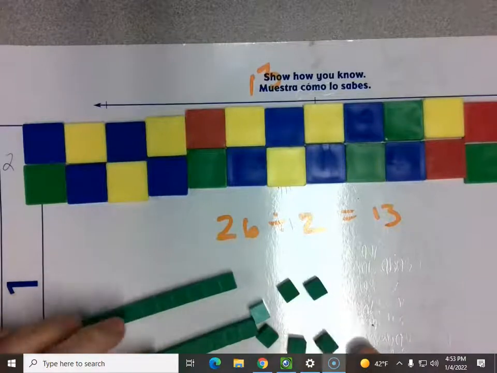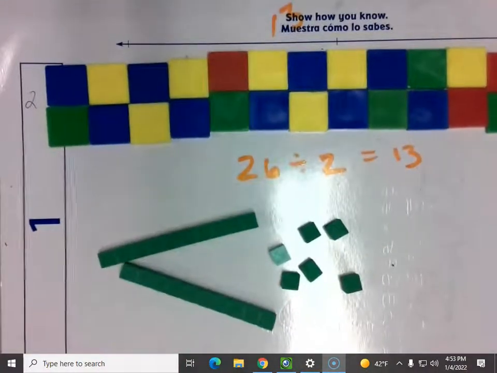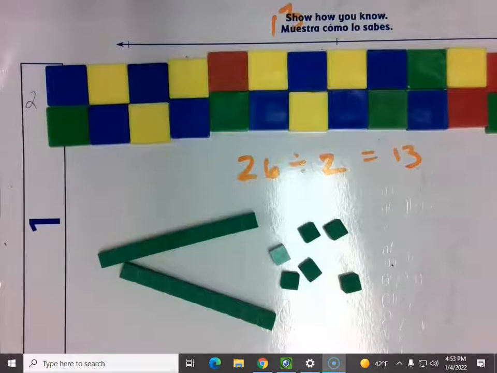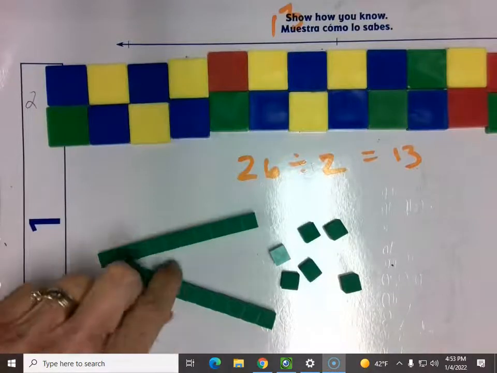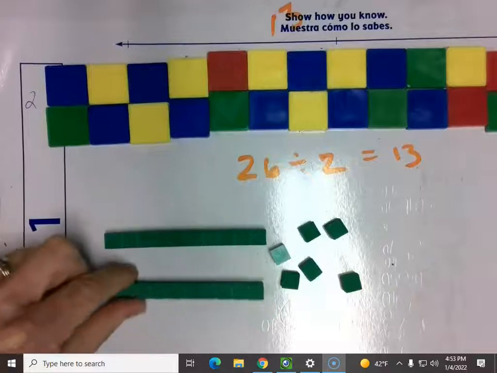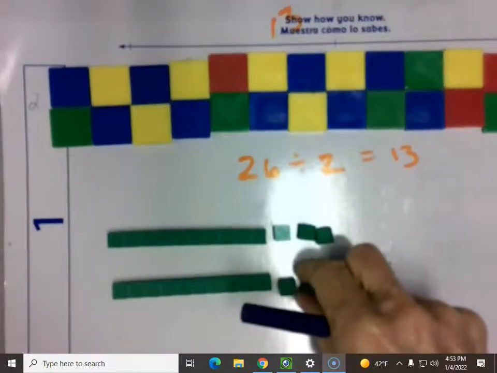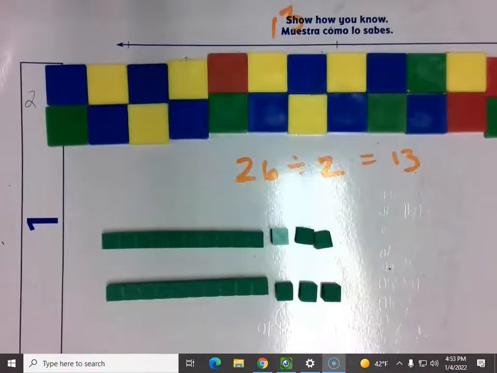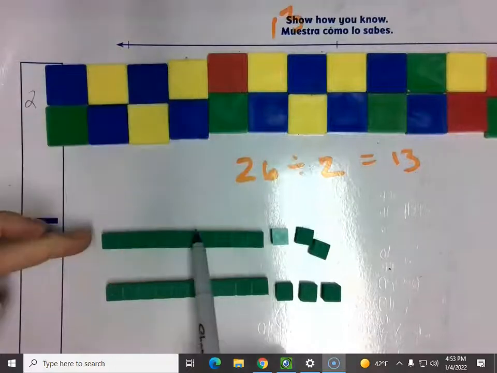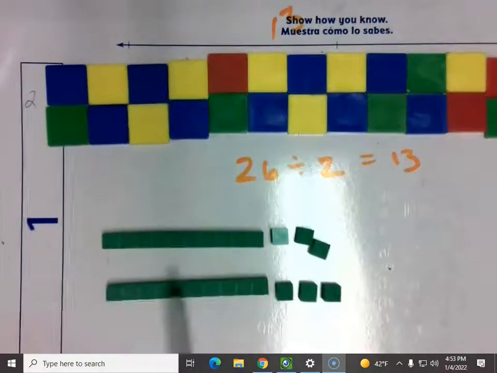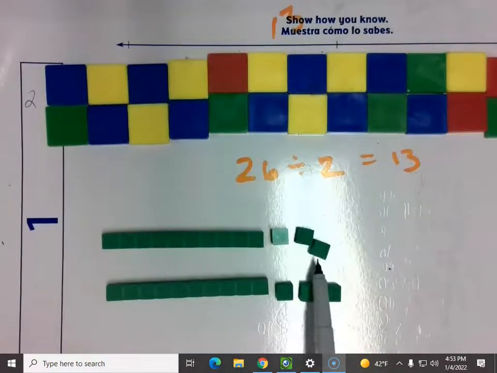I'm starting out with 26, and I want to organize that into 2 rows, 2 equal groups. Well, that's easy enough because I could put 10 and then 3 more in each row. And so I've created an array using my base 10 blocks. So I've got row 1, row 2, and then 10 plus 3 is 13, 13 in each row.